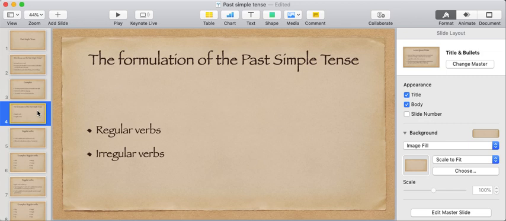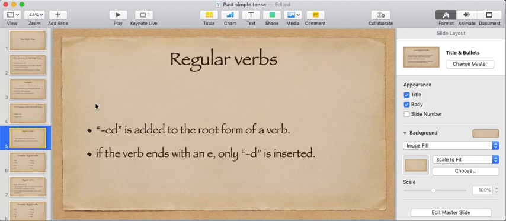We're going to talk about the regular verbs first. For regular verbs, we add ed at the end of the root form of the verb. And if the verb ends with an e, only d is added.